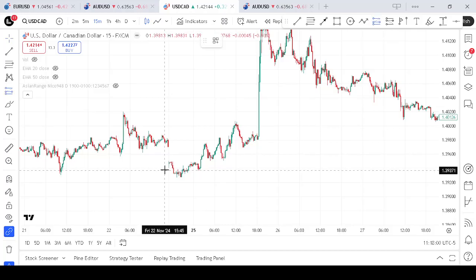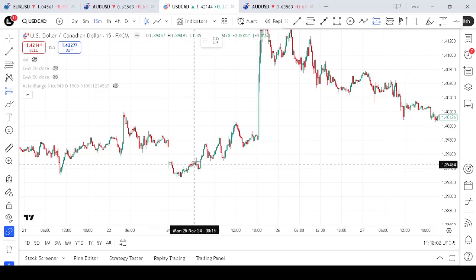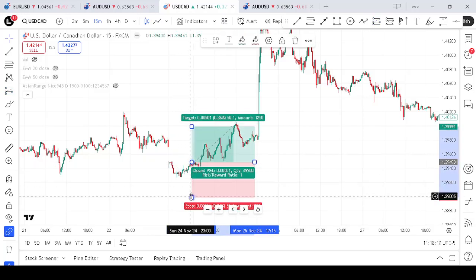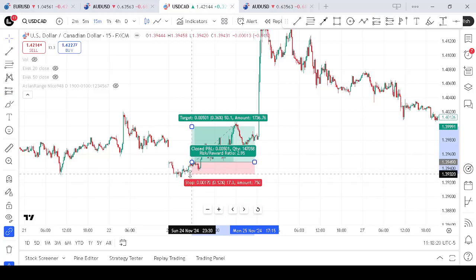When you see a gap in price in real time, you just look for your entry and put it at the opening of the market where the gap opened from. You put your entry at that area. You can put your stop loss below any swing low of your choice.